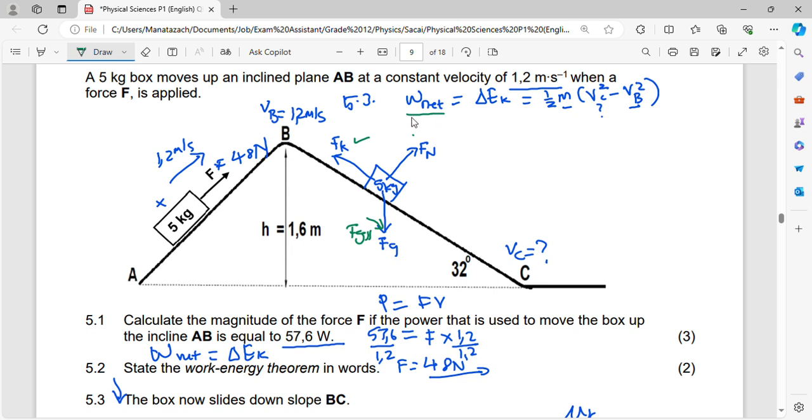Now these two forces are acting in opposite directions. So you've got Fk multiplied by change in x, or you can say distance BC. Let's call this distance from B to C change in x.